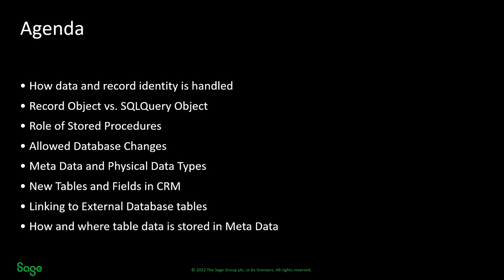We'll use a particular set of examples to take us through the process of adding new tables and fields into Sage CRM, and we'll also look at how we can link to external database tables and understand where all of this information is stored inside metadata, so that you can start to see that this has a useful element if you're working with support as much as you're working within development.